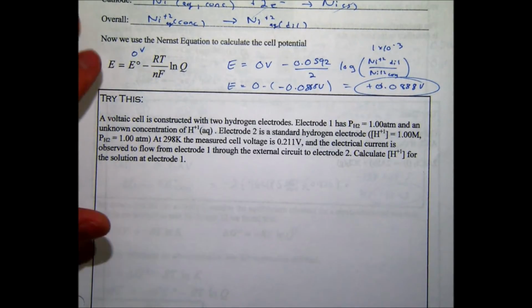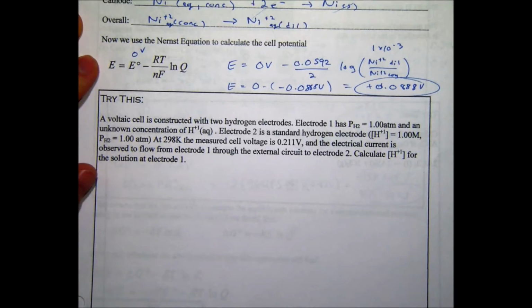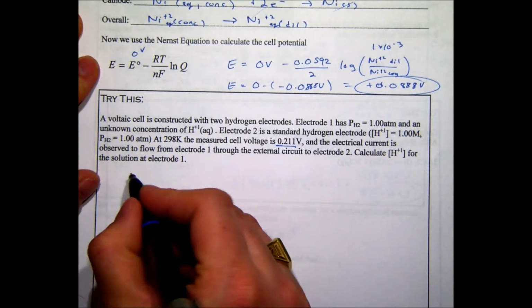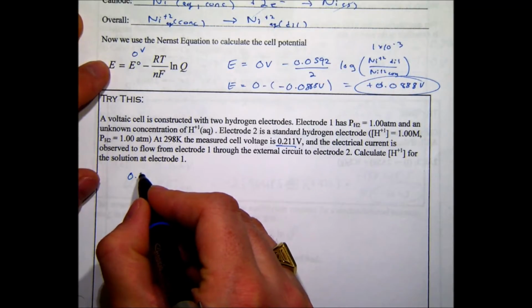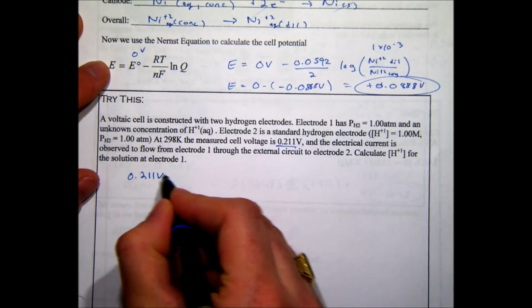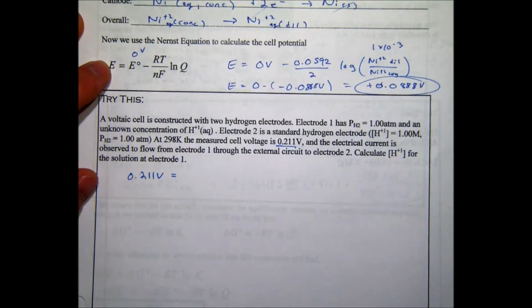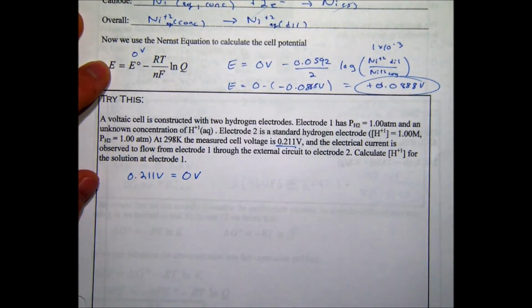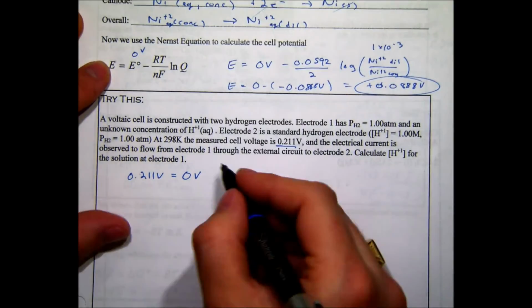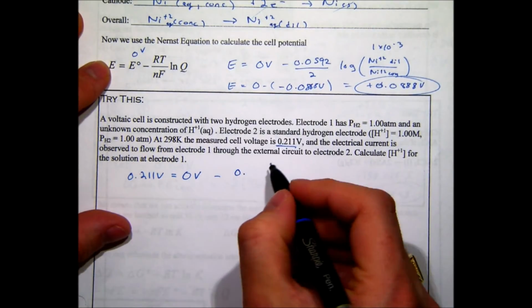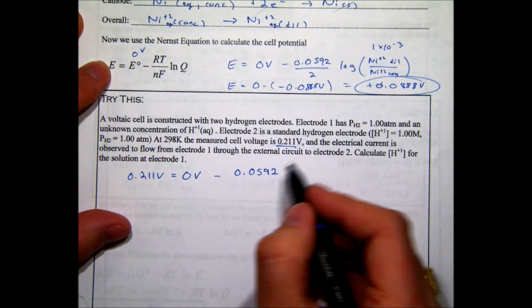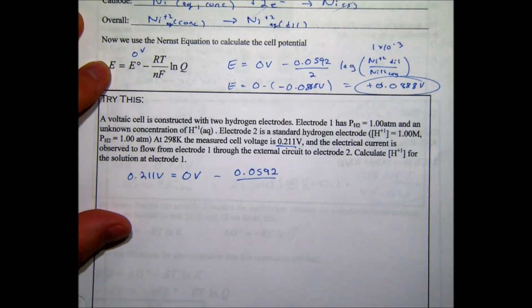So we're going to start with the Nernst equation. We know the cell potential E is 0.211 volts. We know that since it's the same electrode on both sides, under standard conditions it would be equal to 0 volts, minus 0.0592 over the number of electrons.